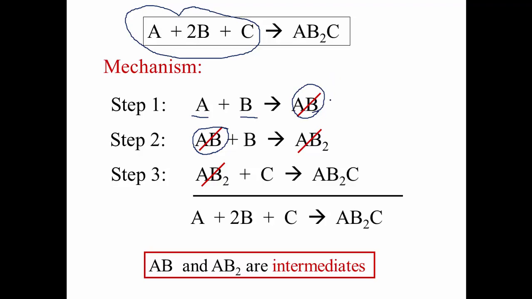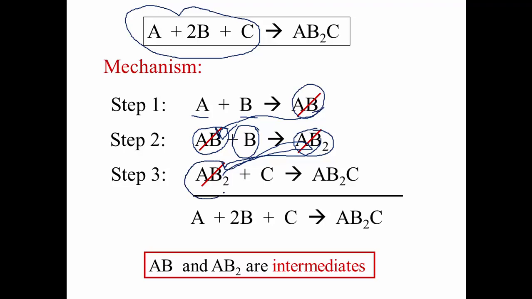So they're usually a product in one step and then become a reactant in the next step. So AB reacts with another B to form AB2. AB2 is also an intermediate that is formed and used up.